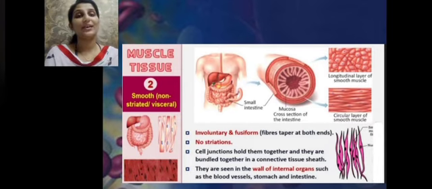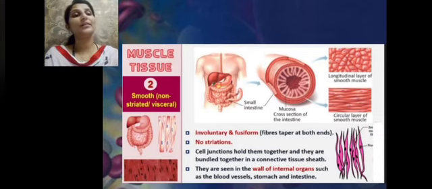Thus they are called visceral muscles because they are seen in the visceral organs. Their name is smooth because they lack striations. They are non-striated because they lack striations, and visceral because they are present in the visceral organs. They are also involuntary because they do not work according to our will. And the shape is fusiform, tapering towards the ends.